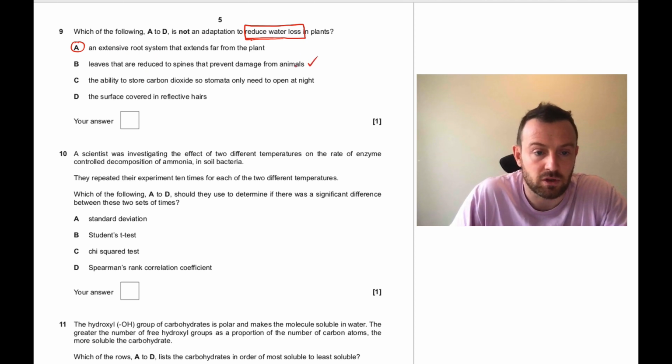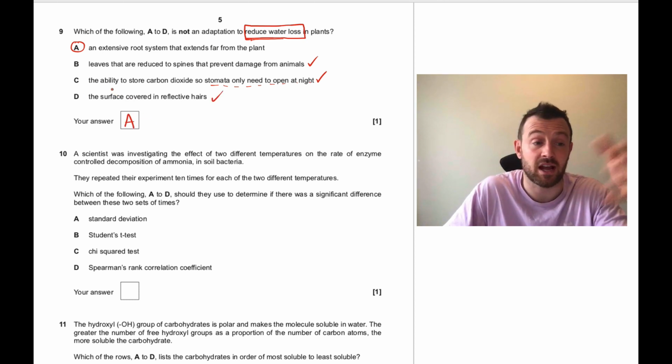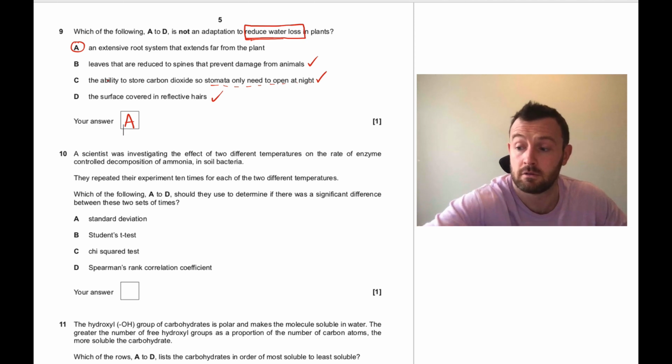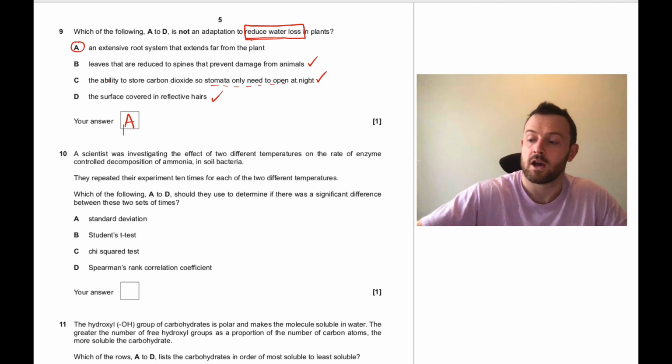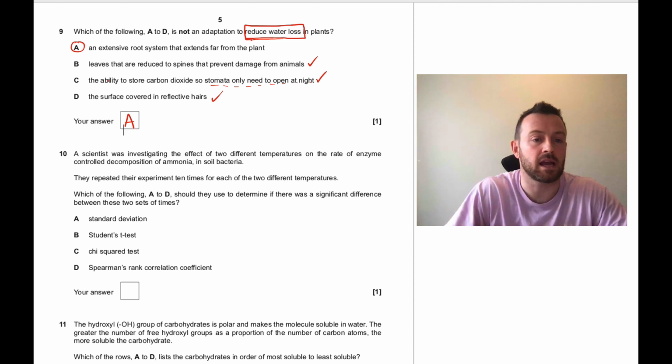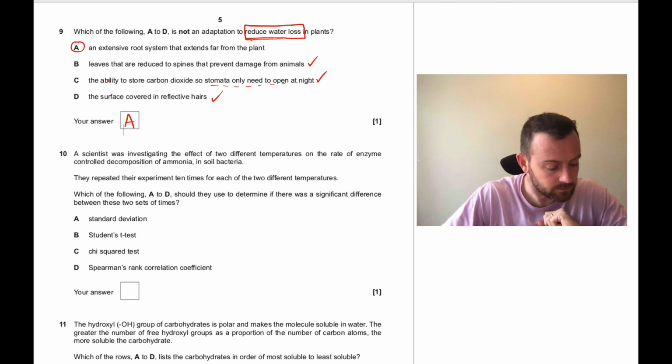This would reduce water loss. This would reduce water loss because the stomata only open at night. And this would also reduce water loss. So it's A. All of those would be potential adaptations of a xerophytic plant, like this one. But only A is not to do with water loss.